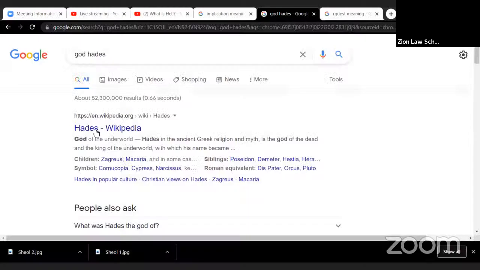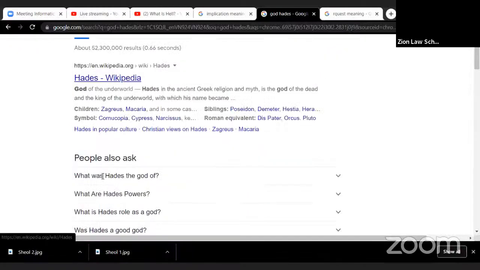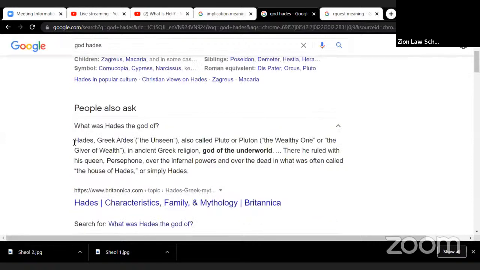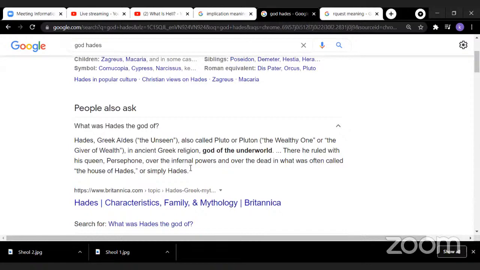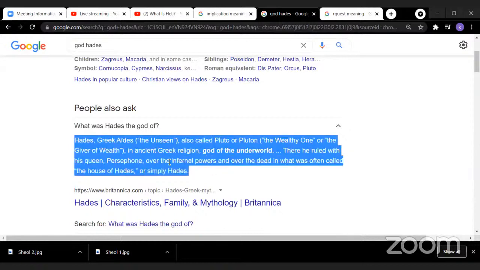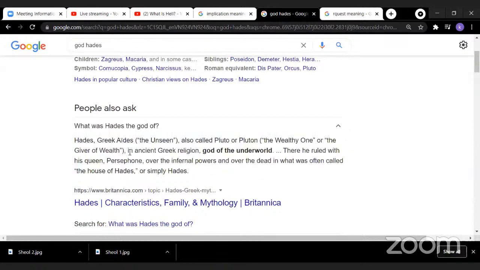Okay, here it is. This is Wikipedia. Okay, yeah, you're right. You want to go through it, Judea? Hades, Greek Hades, the unseen, also called Pluto or Pluton, the wealthy one, or the giver of wealth. In ancient Greek religion, god of the underworld.